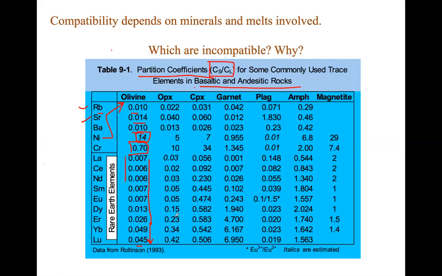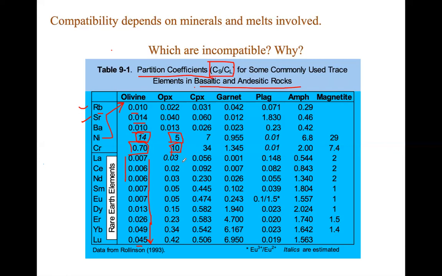OPX also contains very low values, almost similar behavior, but you can see comparatively, nickel has a low value compared to olivine, but chromium has a high value. OPX can take more chromium than olivine.